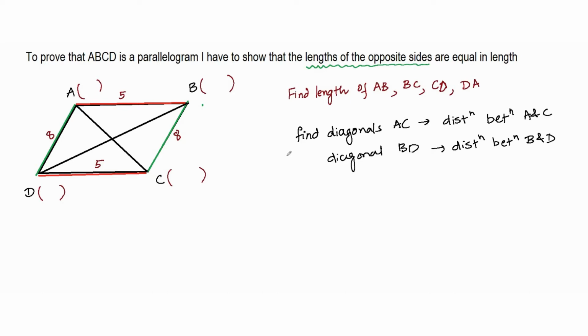Because the coordinates are known, I can definitely use the distance formula. Hence, the distance formula can be used to find whether a given quadrilateral is a parallelogram or not, provided the four vertices are known. So pausing for a few seconds while you take a look at this particular concept, and then I will take up the next idea.